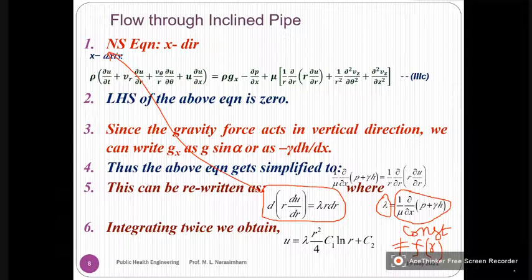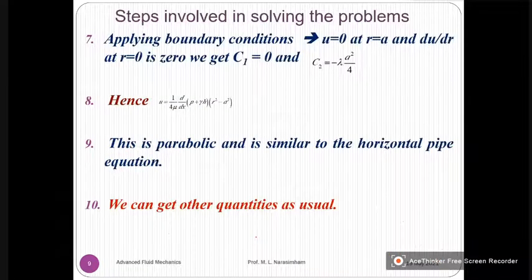Now, if you integrate it twice, you will get this equation, right? Now, what are the boundary conditions? This is your pipe, this is your central axis, and this is how we are measuring r.